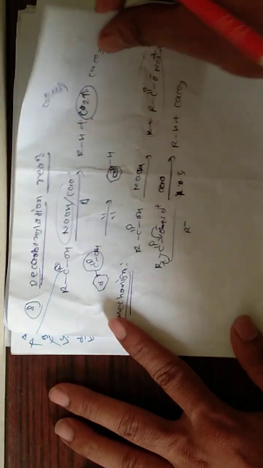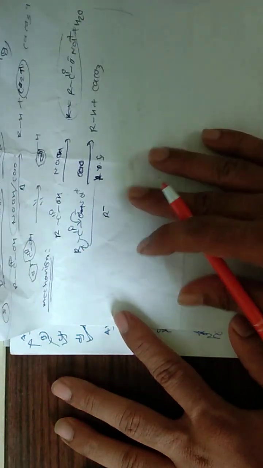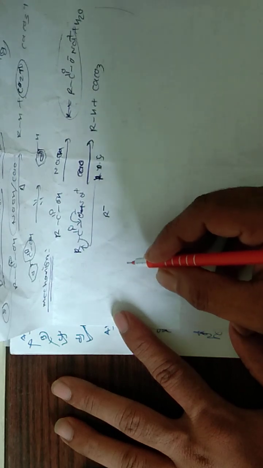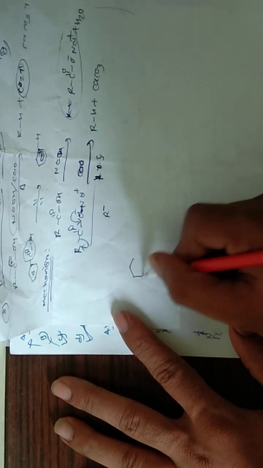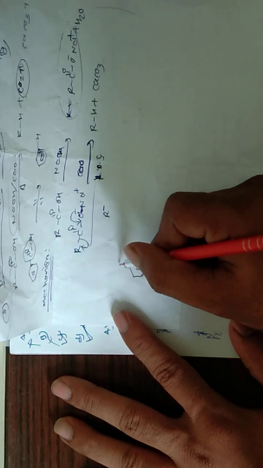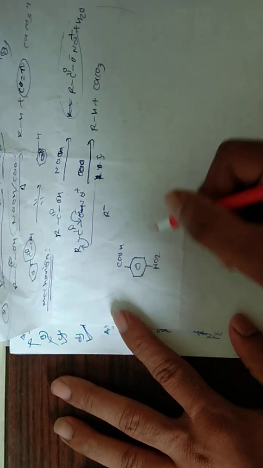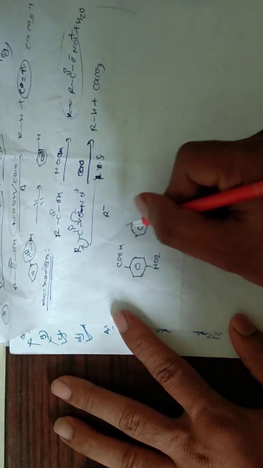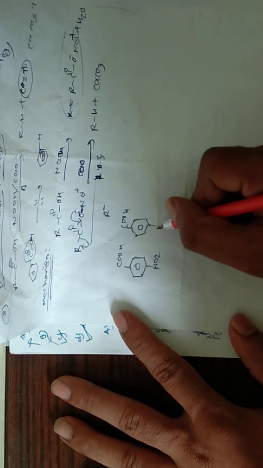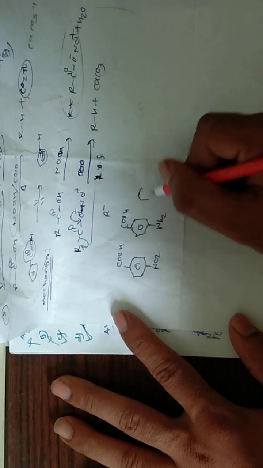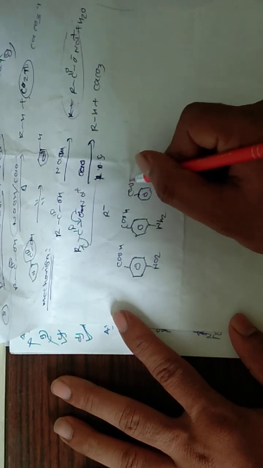So now let's compare the rate of decarboxylation. If I draw three structures here: COOH with NO2, here also COOH with NH2, and here simple benzoic acid. Which will give a very fast decarboxylation reaction?